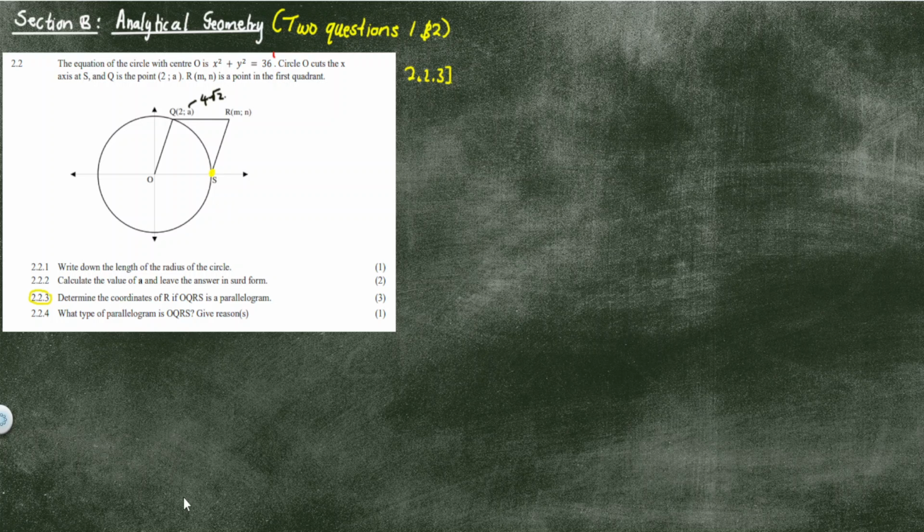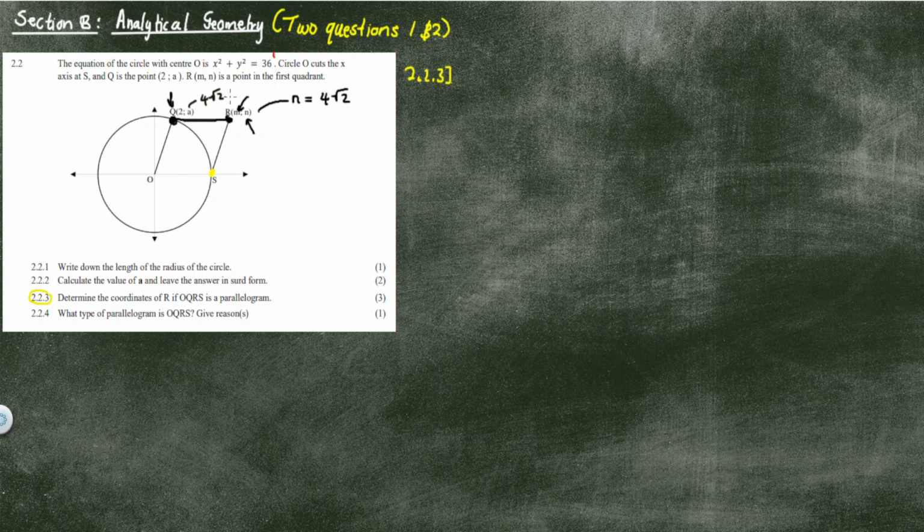For the coordinates of R, I actually need the value of M and N as well. Because Q and R are being connected by a horizontal line, the same line, meaning that they share a common Y coordinate. So it means that we already have the value of N, which is that 4 square root 2.